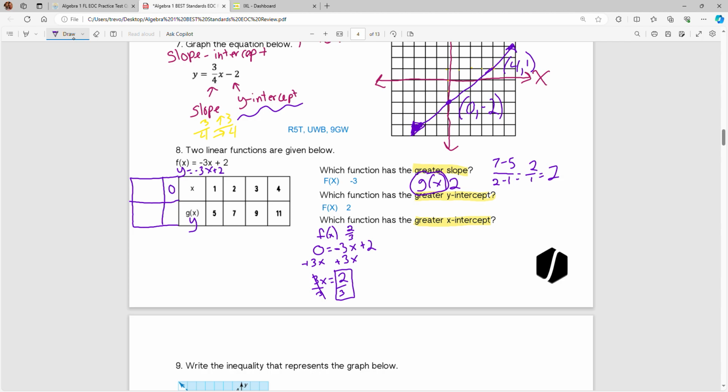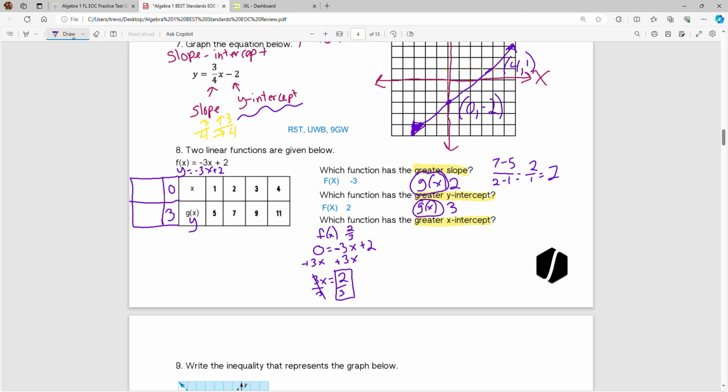So when x is 0, my y-intercept would be, going 11, 9, 7, 5, 3, my g of x y-intercept is 3, which is greater than 2. So g of x has the greater y-intercept.